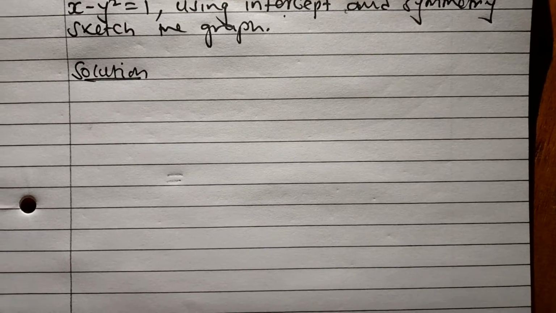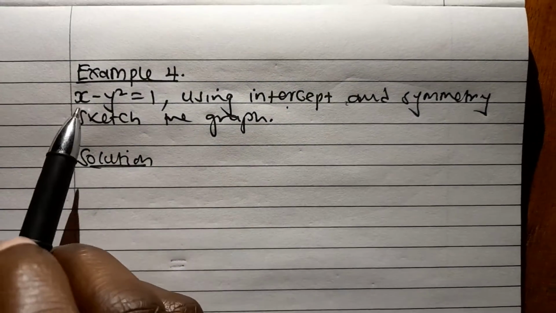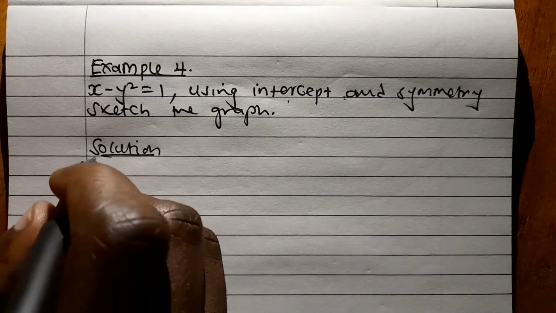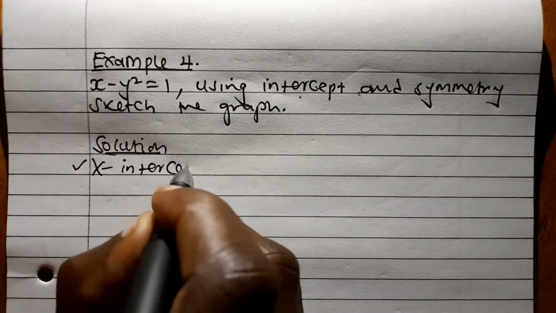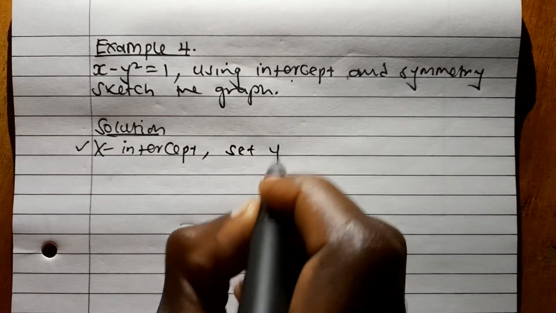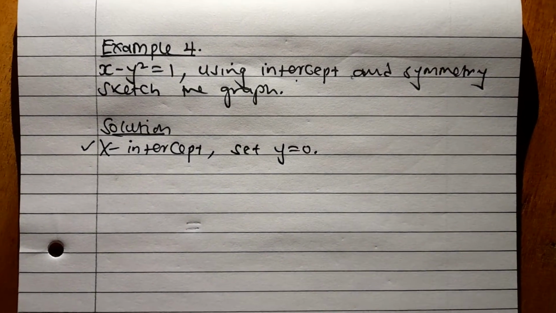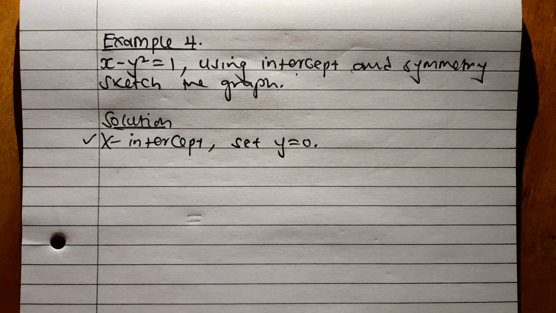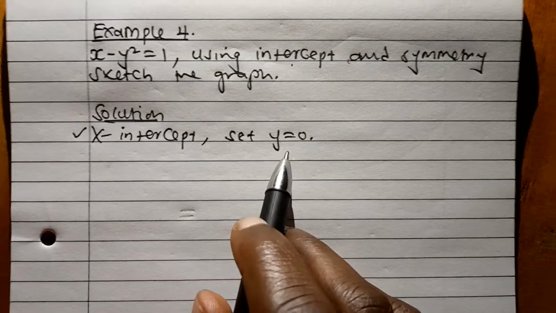So let's start by determining the intercept. For the x-intercept, we set y equal to 0, because whenever the graph cuts the x-axis, the y value will always be 0.